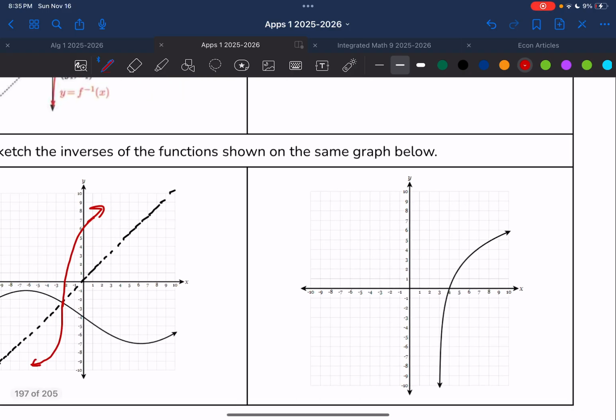And then for this one over here, the inverse is going to look something along the lines of that, right? Mirrored over the line y equals x.